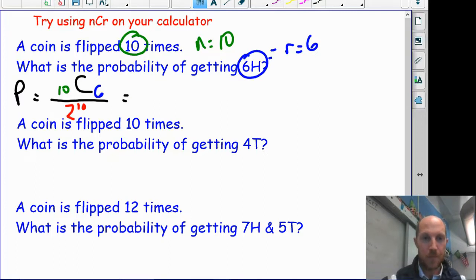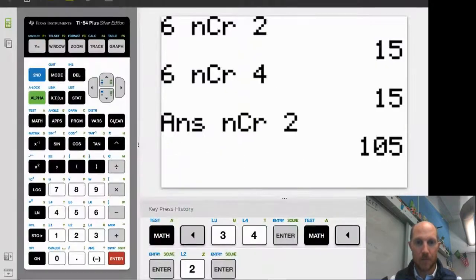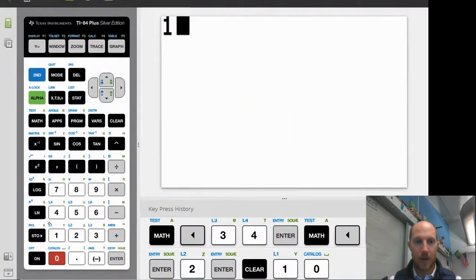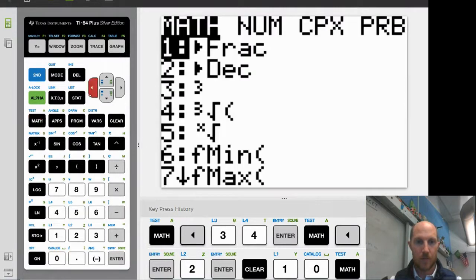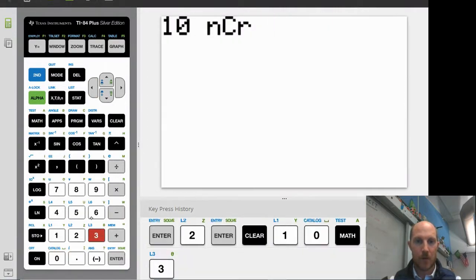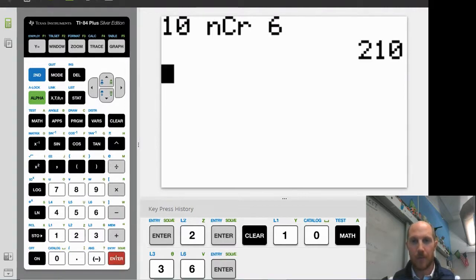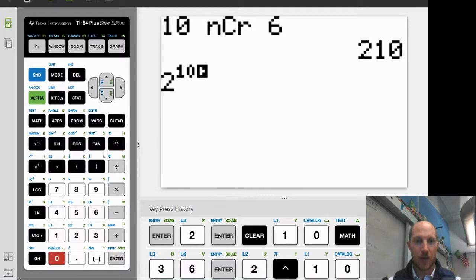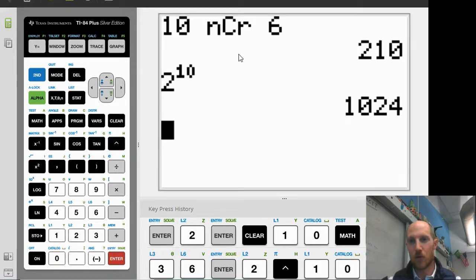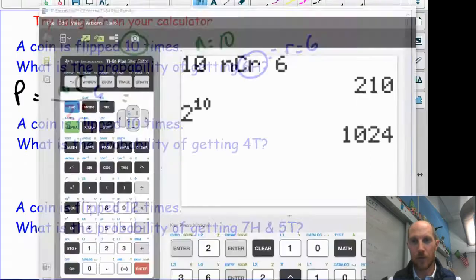10C6, that's 210. 2 to the power of 10 is my sample space. So 210 over 1,024.